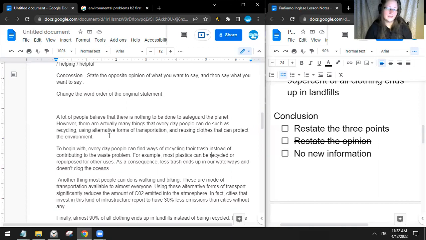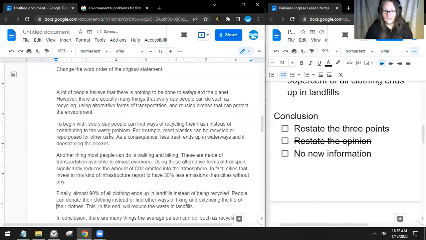So to begin with, every day, people can find ways of recycling their trash instead of contributing to the waste problem. For example, most plastics can be recycled or repurposed for other uses. As a consequence, less trash ends up in waterways, and it doesn't clog the oceans.